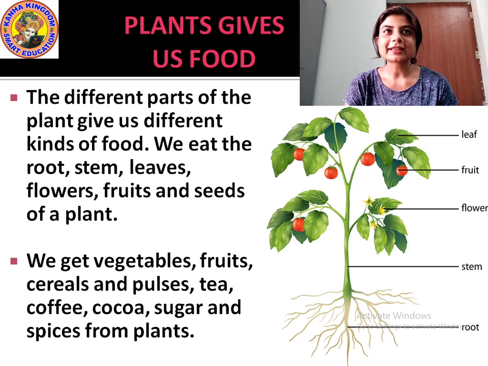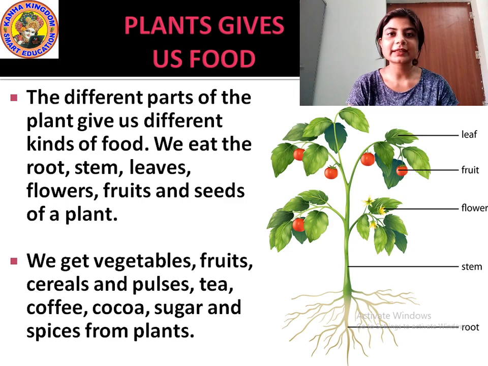So now kids, let us start with the plants that give us food. Okay, do plants give us food or not? From where do we get our food? We get our food from plants. Yes? So see what is written there. The different parts of the plants give us different kinds of food.